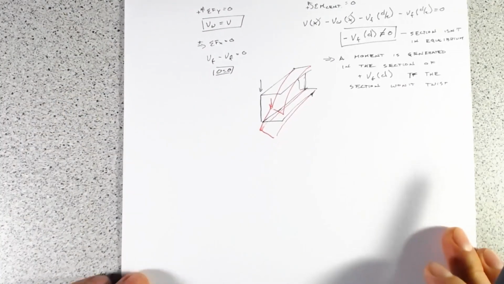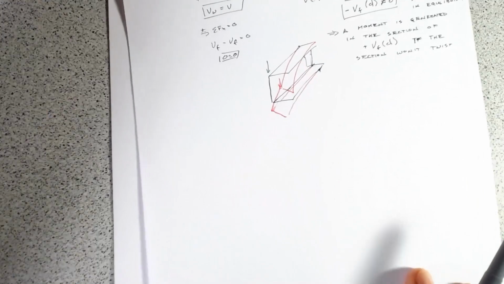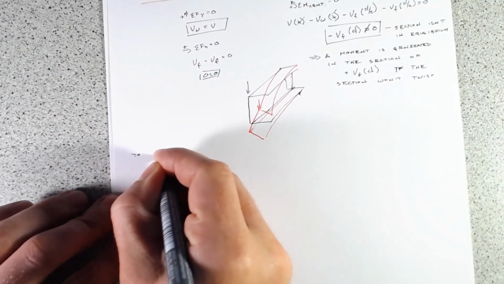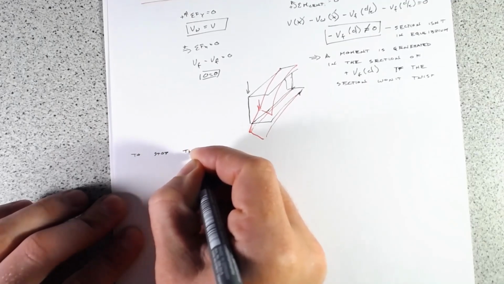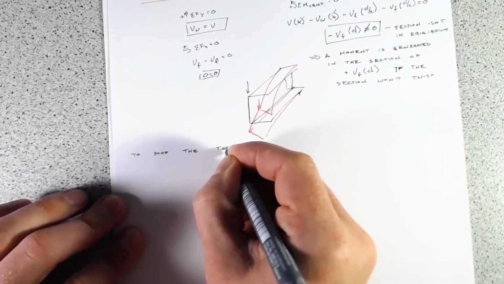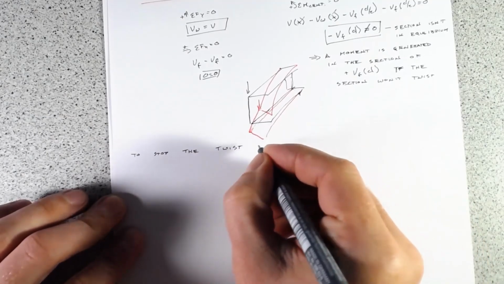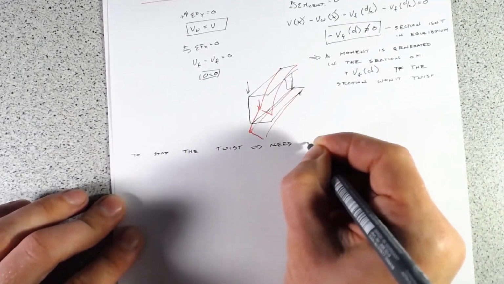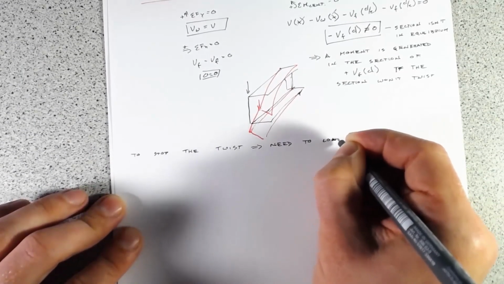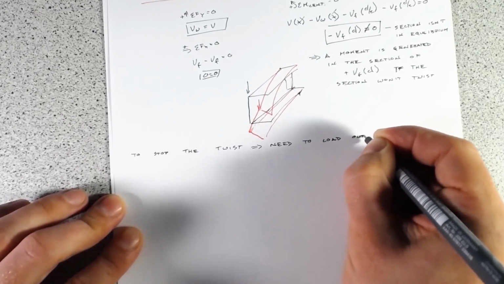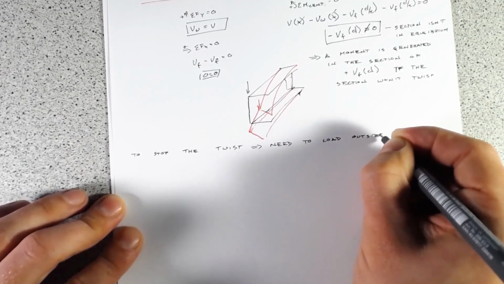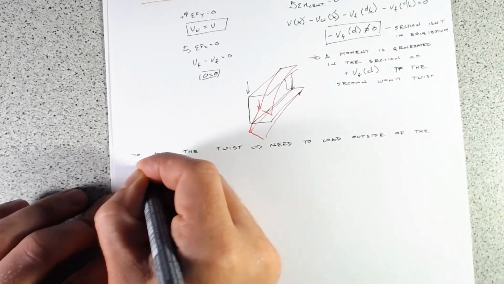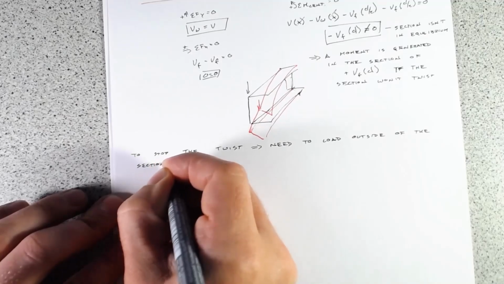And so let's just work that out really quick. To stop the twist, load outside of the section.